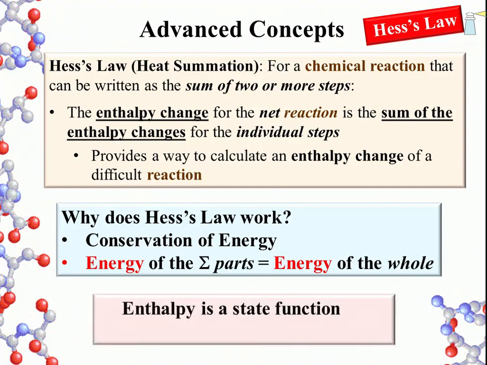Another important factor is that enthalpy is a state function. It is path independent in going from initial to final state. That allows us to take any path and add their enthalpies as long as they combine to give the initial to final state. That is, as long as they combine to give the reactants and products of the reaction.